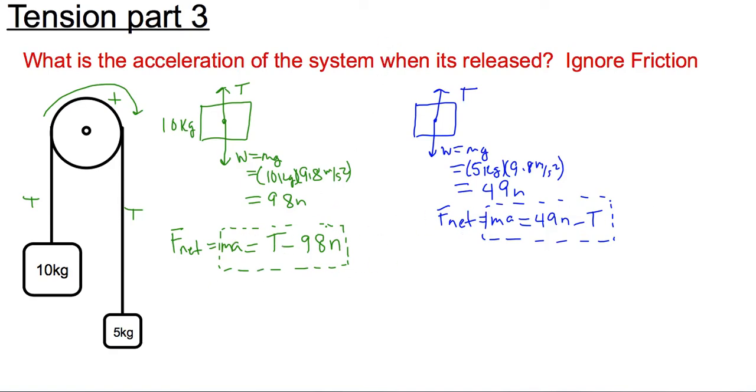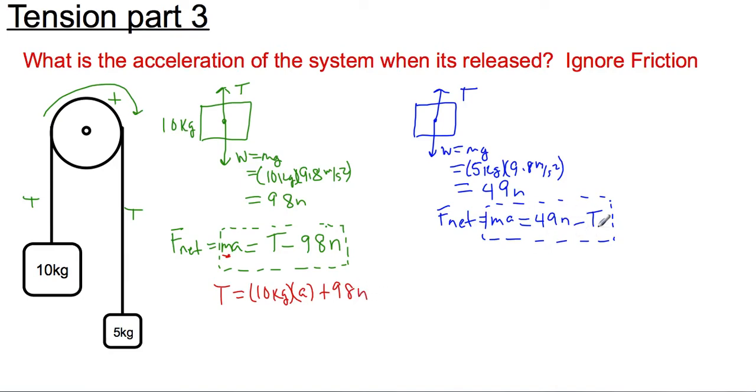So what we can do is solve for tension. Switching the color again, my tension is going to equal 10 kilograms times A plus 98 newtons.